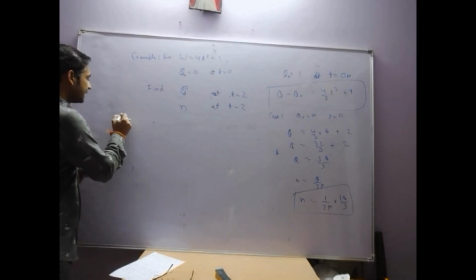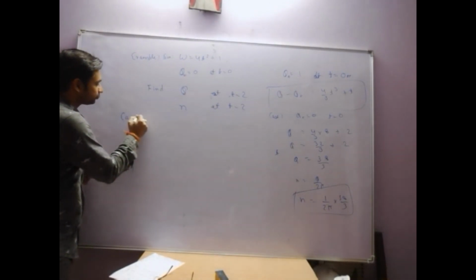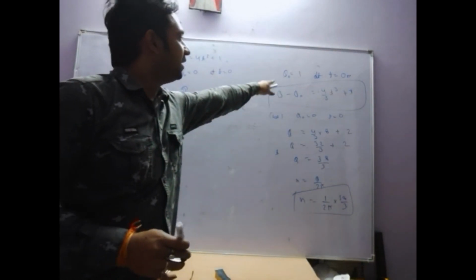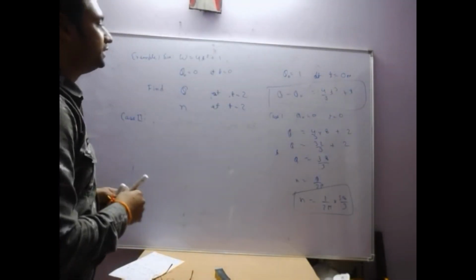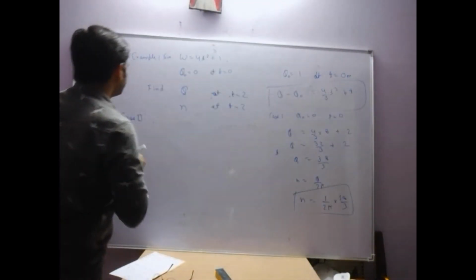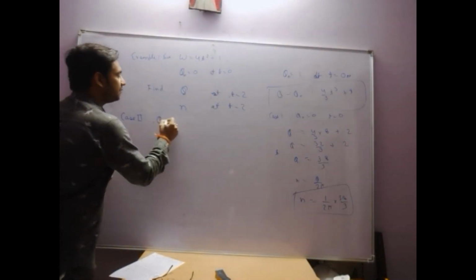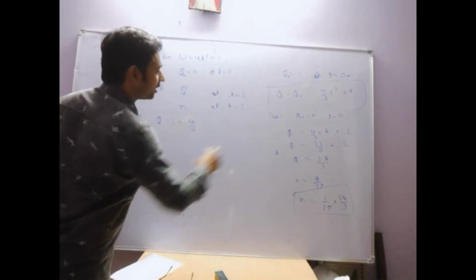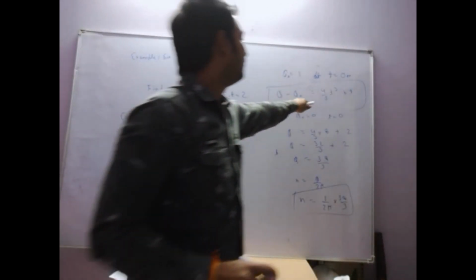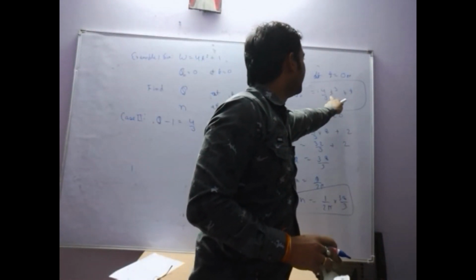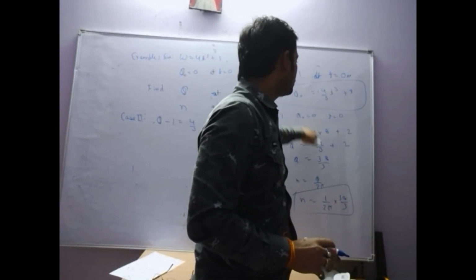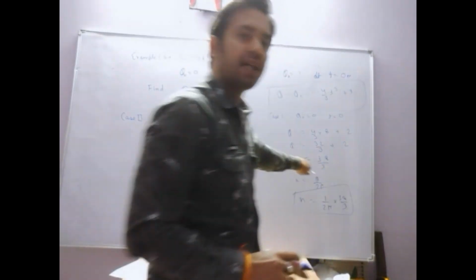Similarly for case second, we have theta naught equal to 1. We put it in this equation. Therefore theta minus 1 is equal to 38 by 3. Nothing changes here because t is 2 seconds; only theta naught changes.